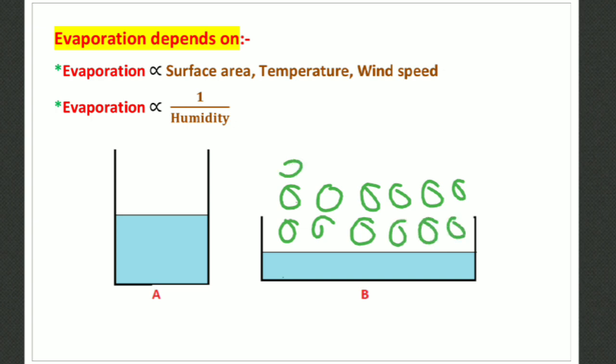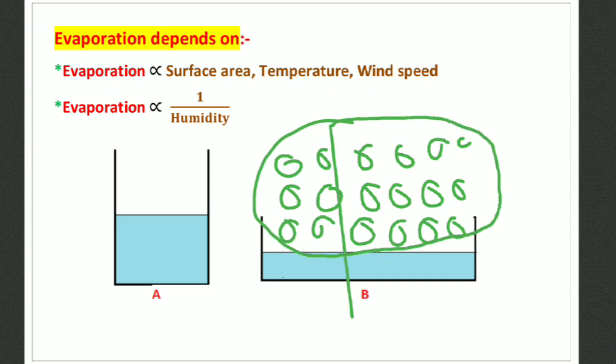Now this space is already occupied by the particles leaving from the surface. There will be no more evaporation if we do not make this space empty, because it will try to stop the evaporation, as there will be no space for the new particles.